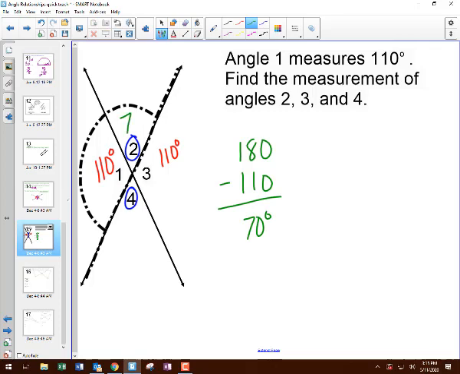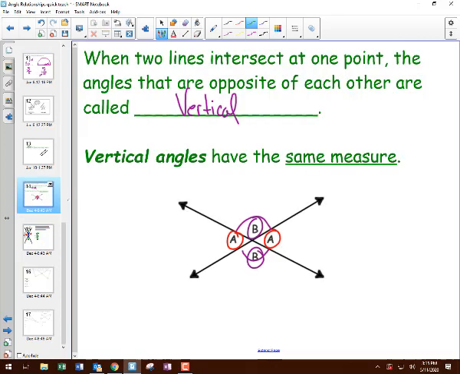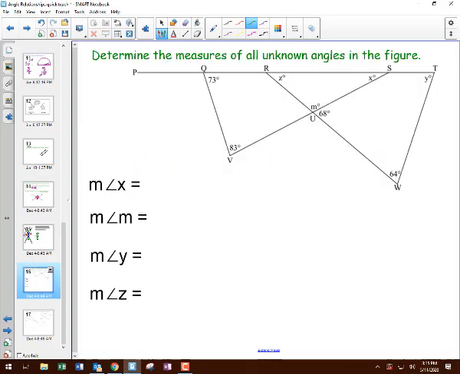If angle 2 is 70 degrees and angles 2 and 4 are vertical angles, that means angle 4 also has a measure of 70 degrees. So the concept there being vertical angles: we just have two lines that intersect in one spot. It forms four angles. The opposite angles are going to be congruent. Vertical angles are congruent. They'll have the same measurement.